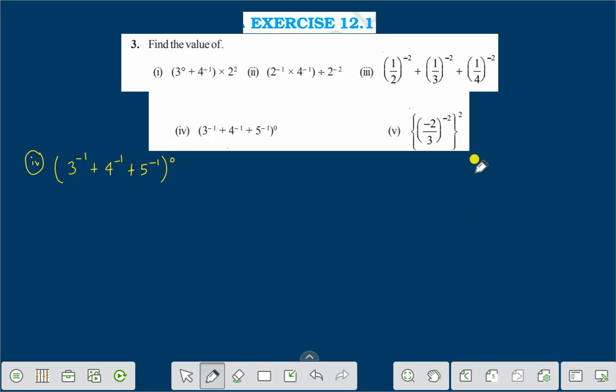We'll apply the formula a to the power minus m is equal to 1 by a to the power m.